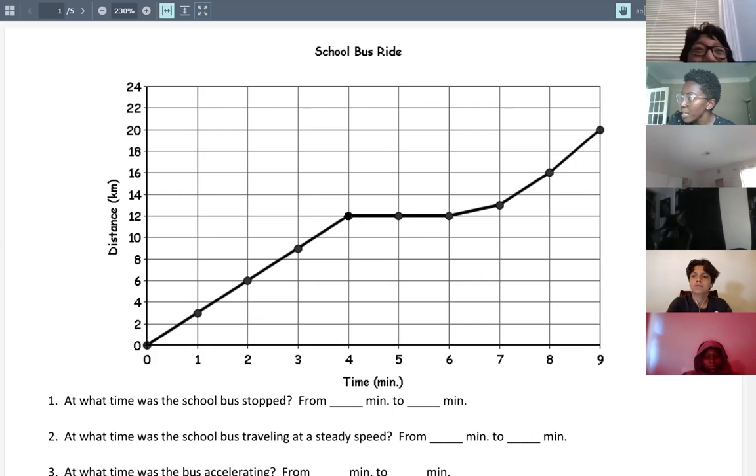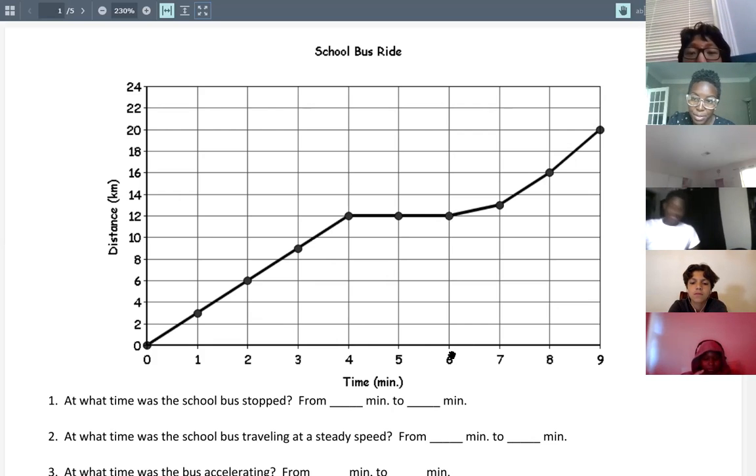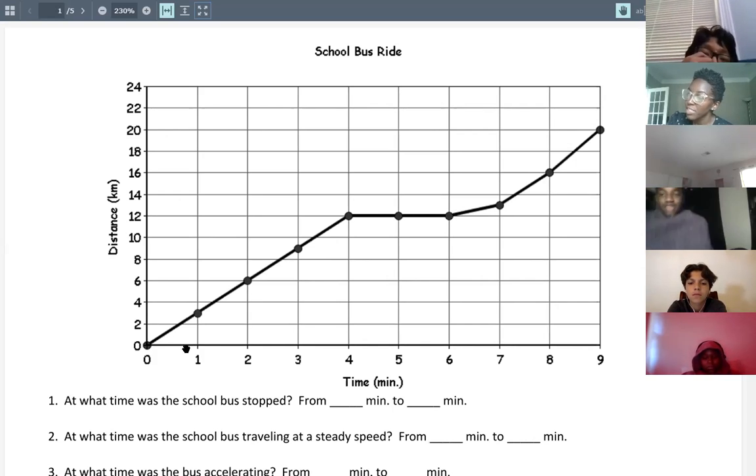So from 4 minutes, here's the 4, all the way to 6 minutes, the bus is not moving. Everybody see that? Good. Then the next question says, at what time was the school bus traveling at a steady speed?